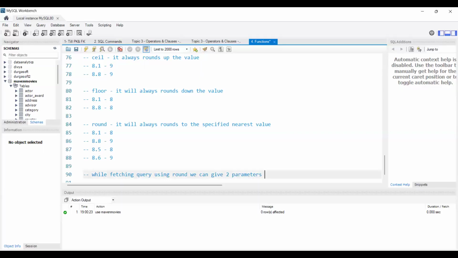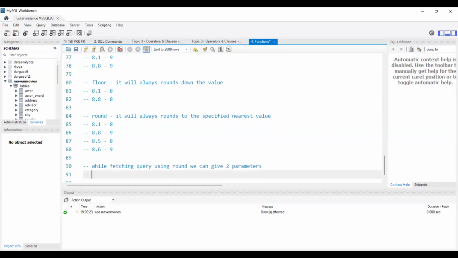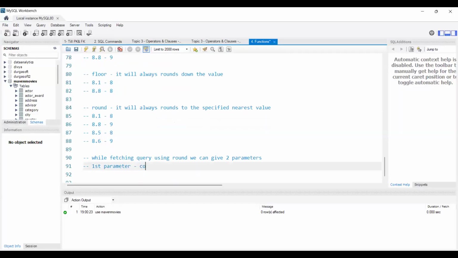The first parameter will be the column which we want to round. Let me show you with an example, then you can understand. And the second parameter will be the decimal point, like how many decimals we want to round to.